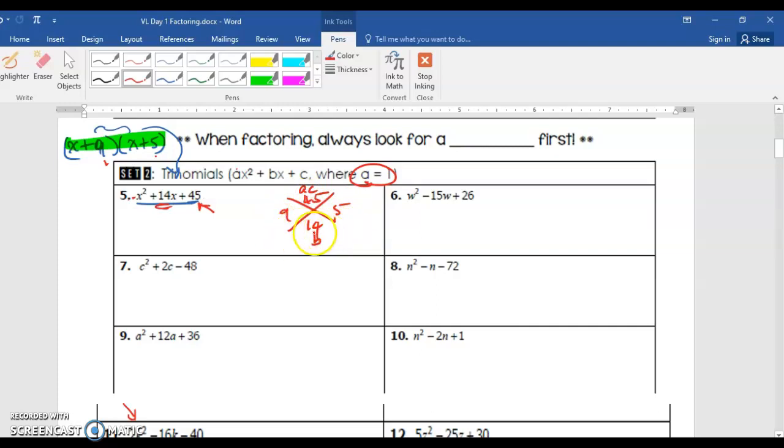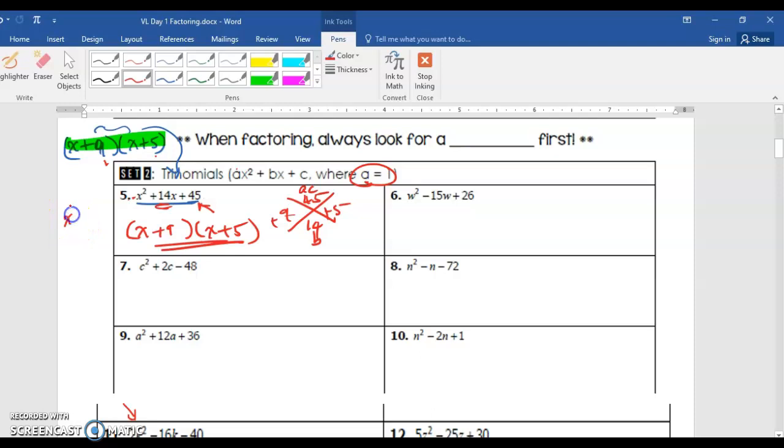Normally it's a little complicated, and if it is, there are ways around how to find factors. But right now it's pretty straightforward. 9 times 5 is 45 and 9 plus 5 is 14. All you have to do is take the positive signs and write the factors as x plus 9 and x plus 5. That's it. So that's how you split it.